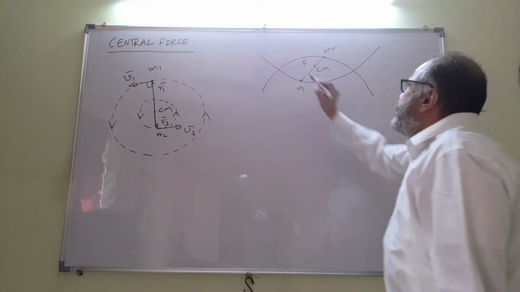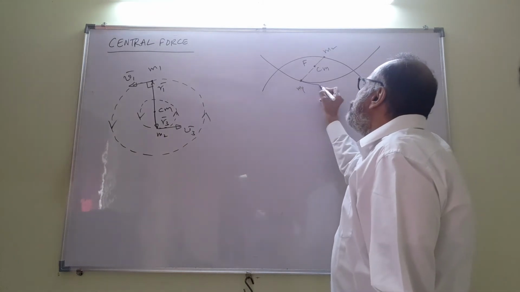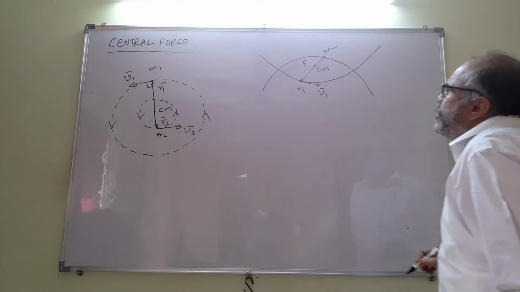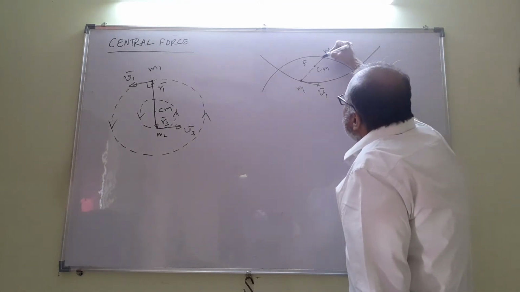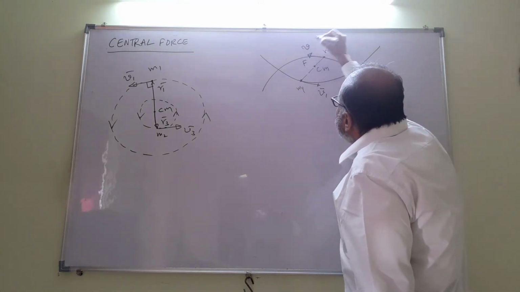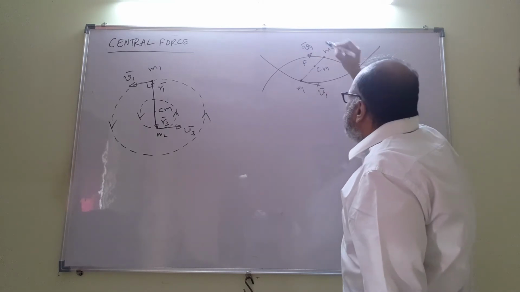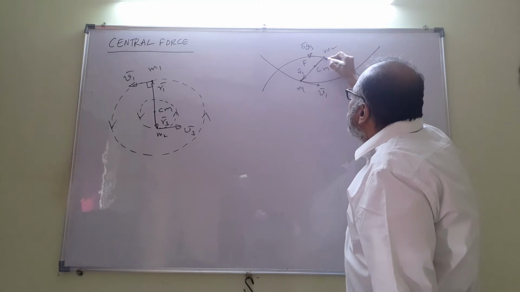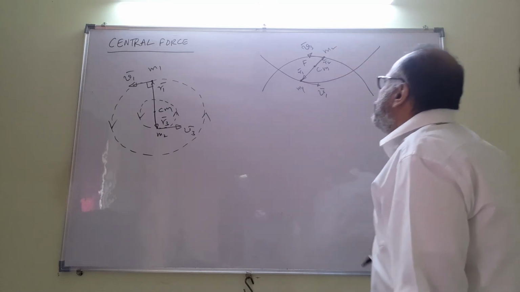Now, again the sense, if m1 is moving say towards the right with a velocity v1, m2 would move towards the left with a velocity v2, where we have said this is vector r1, and this is vector r2.